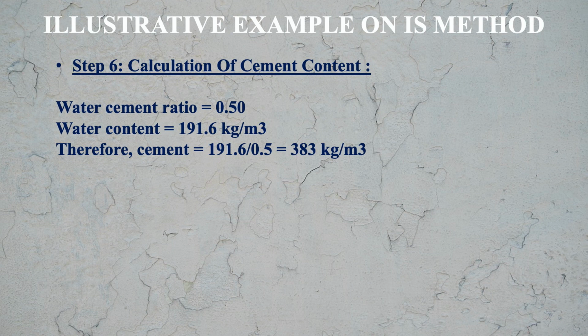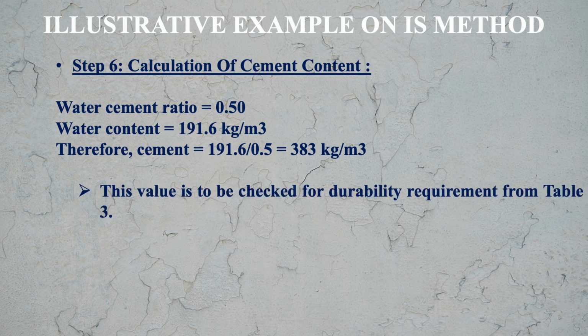So from here you can calculate the cement as water content divided by water cement ratio. So that way 191.6 upon 0.5, you will get 383 kg per meter cube. Means for 1 meter cubic of concrete, you need 383 kg of cement.